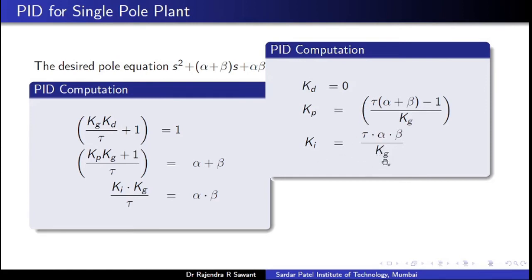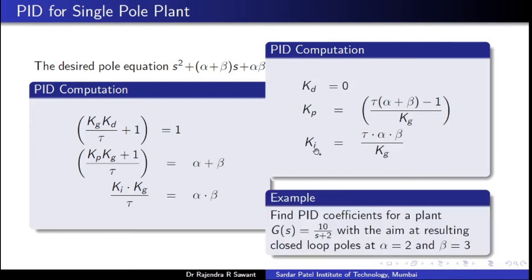Everything on the right hand side is known, because tau is given by the plant transfer function, alpha and beta are the expected pole locations, and Kg is the constant gain factor of the plant transfer function. So one can directly calculate Kd, Kp, Ki.